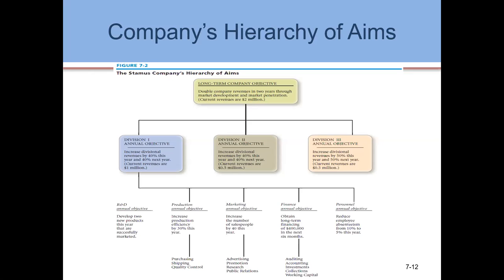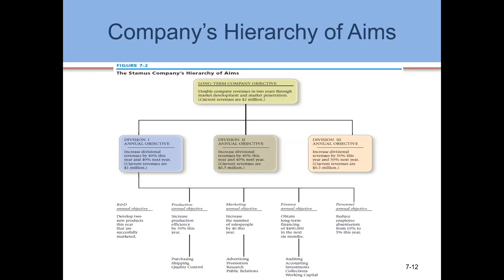Now the division 1 annual objectives are further translated into production annual objectives, marketing annual objectives, finance annual objectives, and personnel annual objectives. When we talk about production annual objectives, they are concerned with increasing production efficiency by 30% this year. For that, the further translation would be purchasing, shipping, and quality control. When we talk about marketing annual objectives, it would be to increase the number of sales people by 40 this year, and that would be further translated into advertising, promotion, research, and public relations aspects.